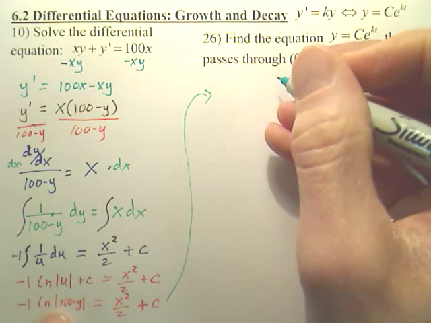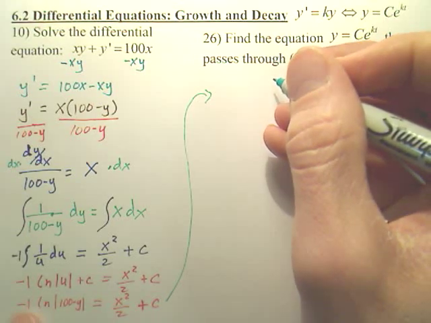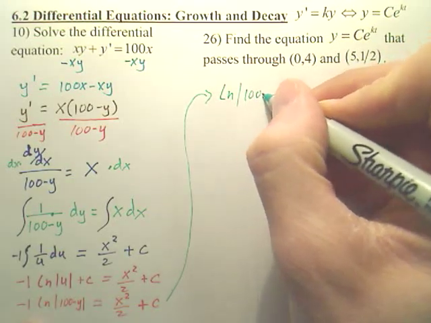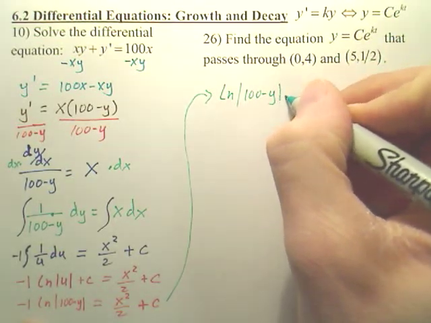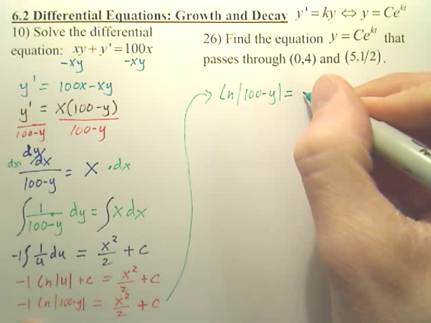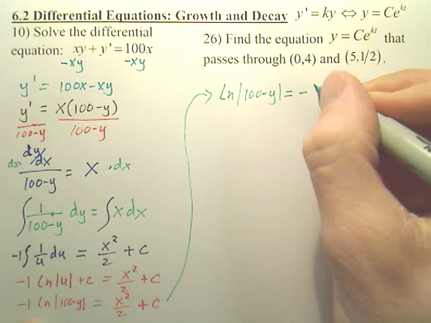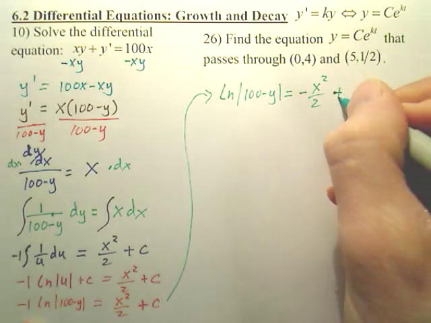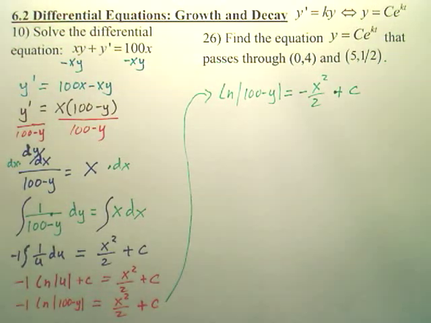Now to do this, do you understand? Can I first divide both sides by negative 1? I get ln of 100 minus y equals negative x squared over 2. And does it really matter, again, the c? Because is plus c and minus c the same thing? It's still c, so some constant.